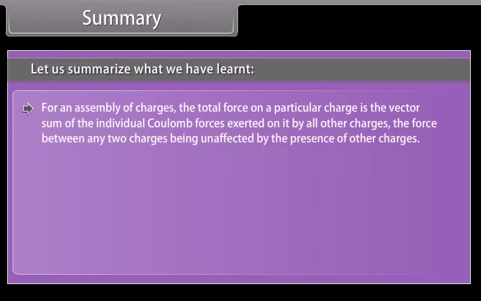For an assembly of charges, the total force on a particular charge is the vector sum of the individual Coulomb forces exerted on it by all other charges, the force between any two charges being unaffected by the presence of other charges.